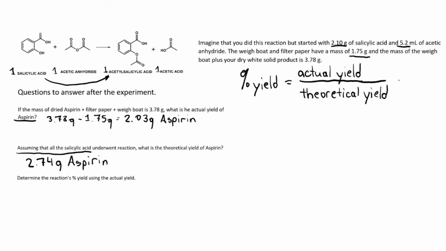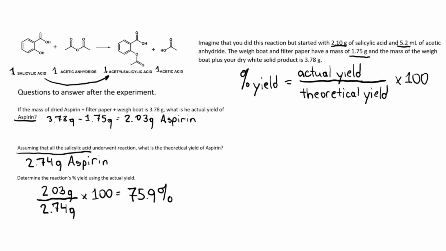And then you multiply that by 100, and that will give you your percent yield. So what we actually got out of our reaction was 2.03 grams. The theoretical yield was 2.74 grams. Multiply that by 100, and what you get is 75.9% yield. Okay, that's how you do those questions.